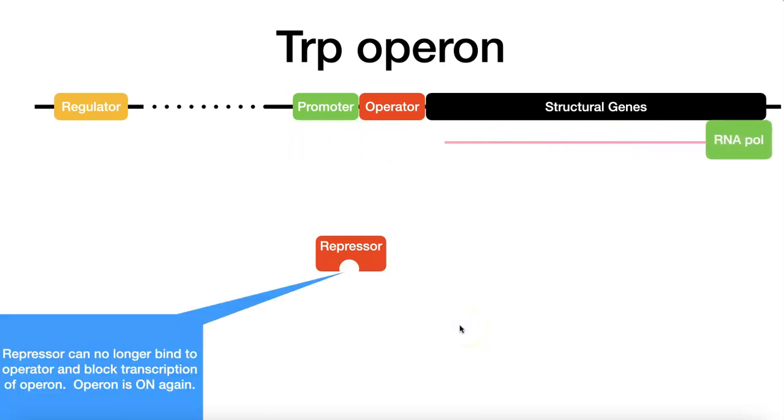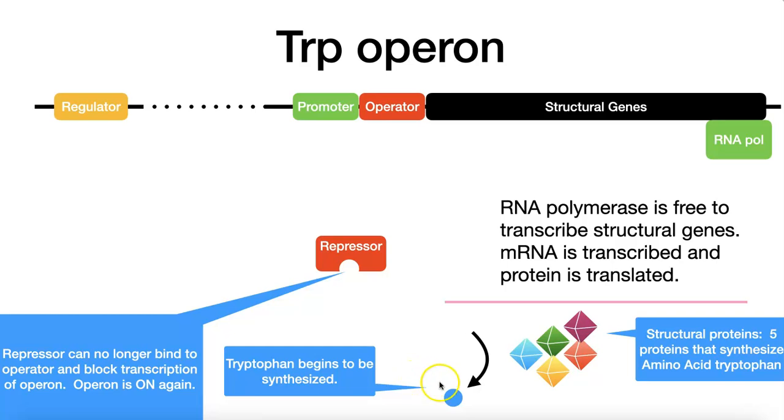So that gets us back to that original default state, making the mRNA and then making these proteins and then making tryptophan again. We can continue this in an endless loop: when tryptophan accumulates so much that it binds to the repressor as the co-repressor, it then binds to the operator and the process continues.